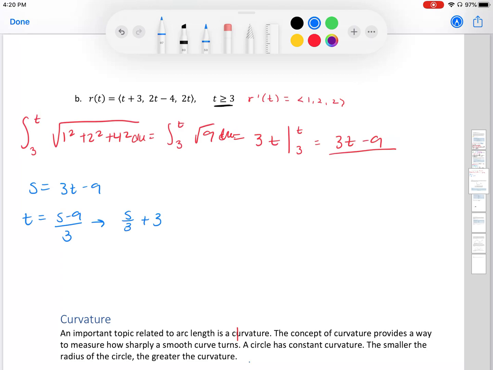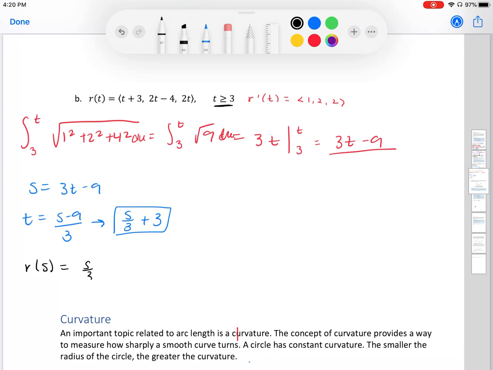Okay, let's input this into our vector-valued function. So we have r of s, not t, r of s is equal to, t is now s over 3 plus 3.